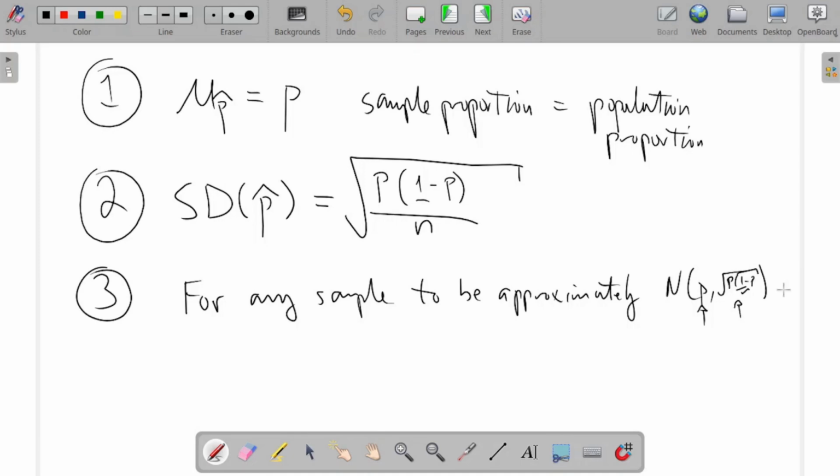So for any sample to be approximately normally distributed, we need a minimum of 10 success conditions and 10 failure conditions. And I'll do an example of this.